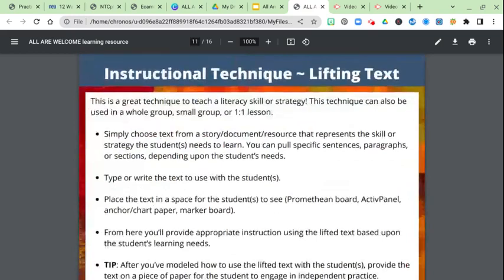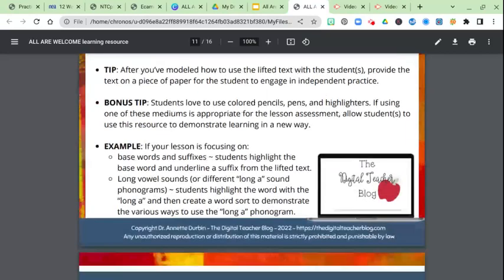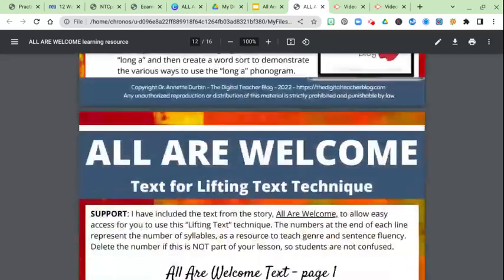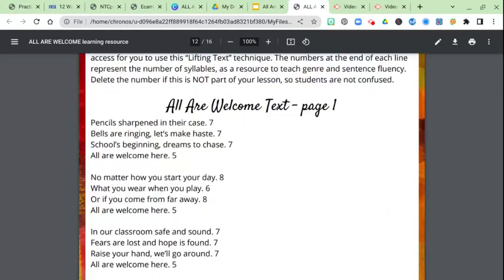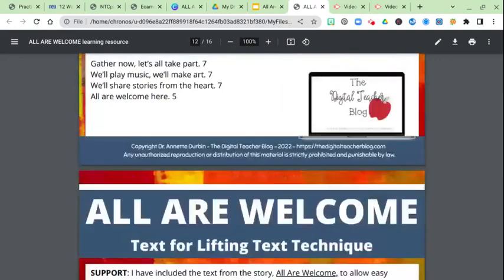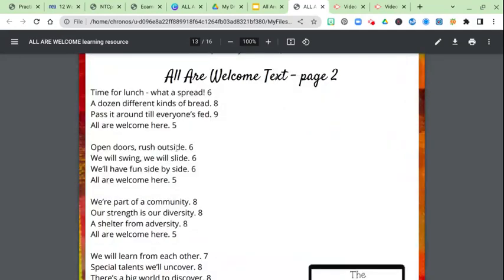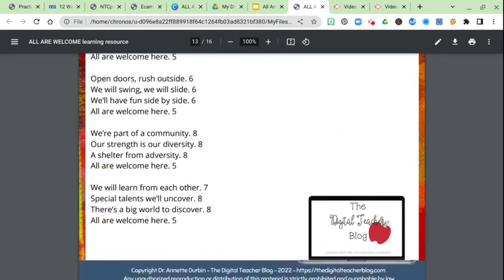I am also featuring an instructional technique called lifting text, and I walk you step by step on how to use this technique to provide a useful, valuable lesson that supports the students in your classroom. I have the text typed out here for you so that you do not need to do that. You can simply copy and paste. And there are some numbers at the end so that you can use that as an additional lesson that I have noted above on how to use those numbers.